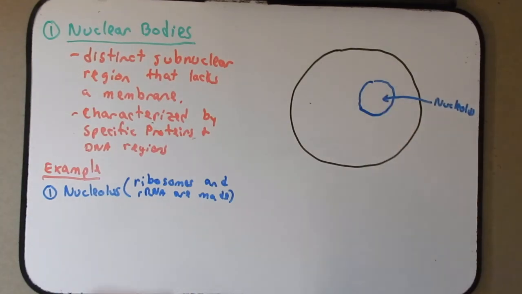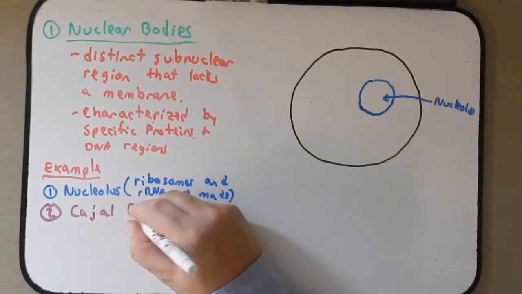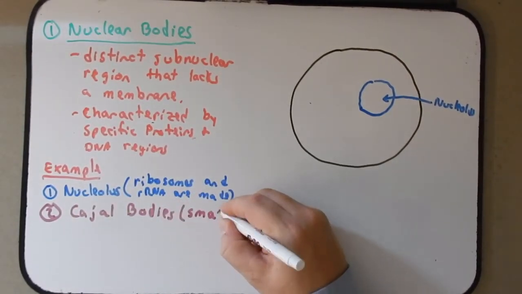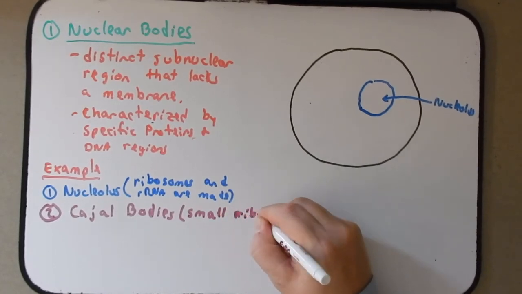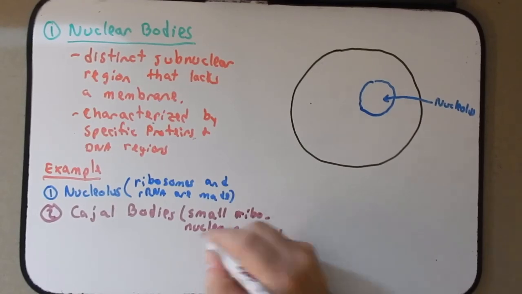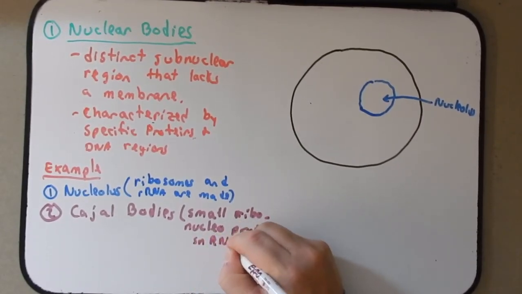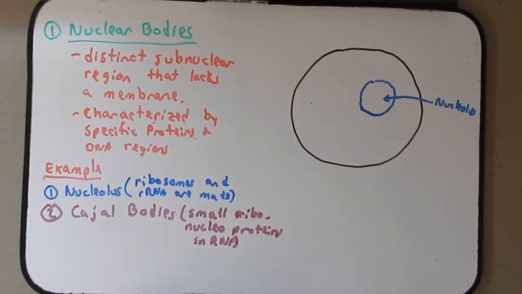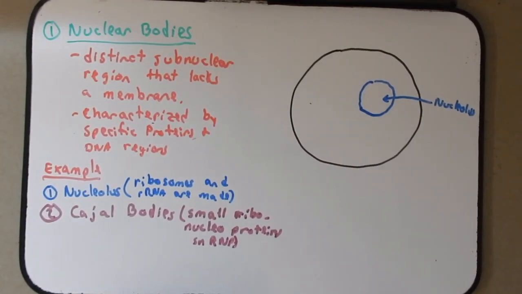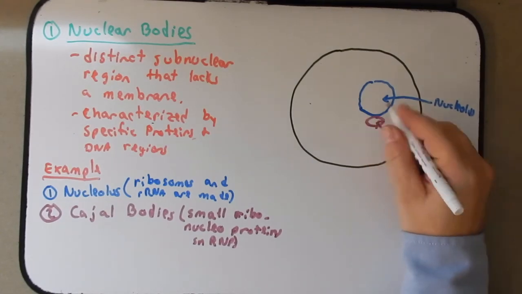The next one I want to mention are these things called Cajal bodies. This is where small ribonucleoproteins are made. We call these snRNPs. These play an important role in splicing of the messenger RNAs. They're often found near or associated with the nucleolus.